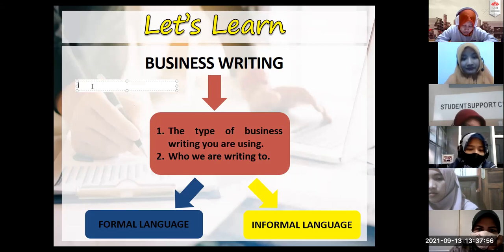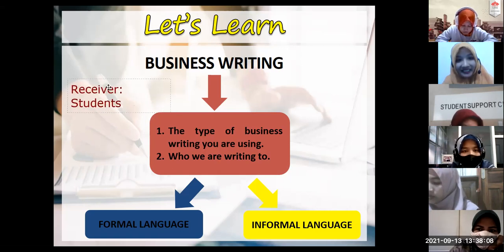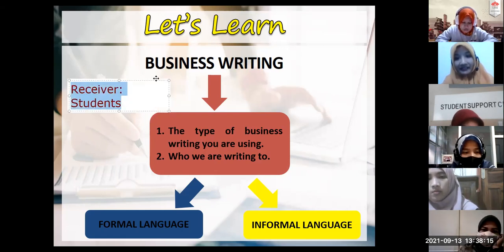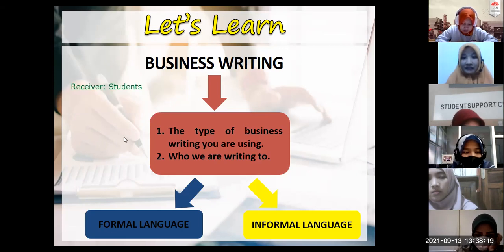I use formal language if it is about academic matters, or about the university. Perhaps the announcement about the university, right? About the university or academic purposes.